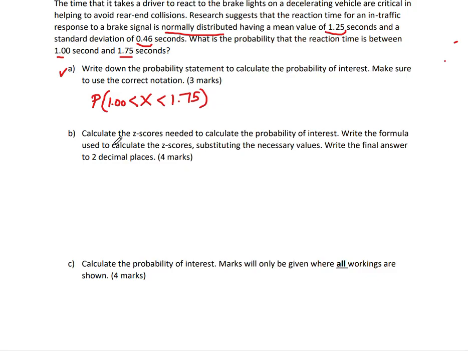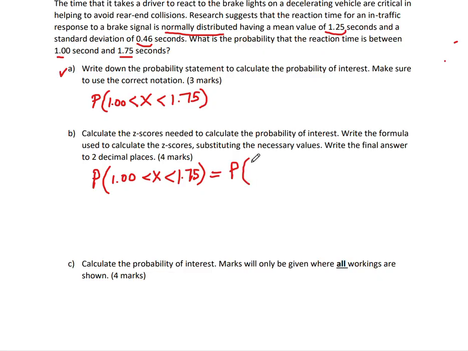Now, we're next asked to calculate the z-scores needed to calculate the probability of interest. So here I'm going to write back this statement. The probability that x is greater than 1 but less than 1.75 is going to be equal to, so I'm going to standardize these values using the z formula that I just indicated.